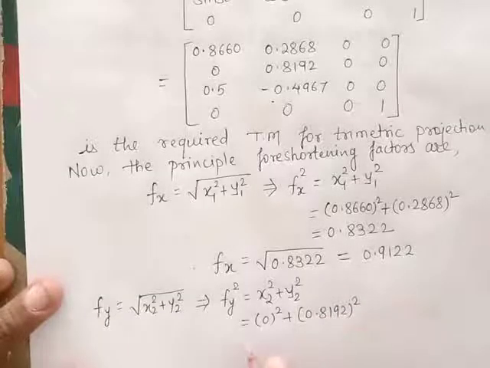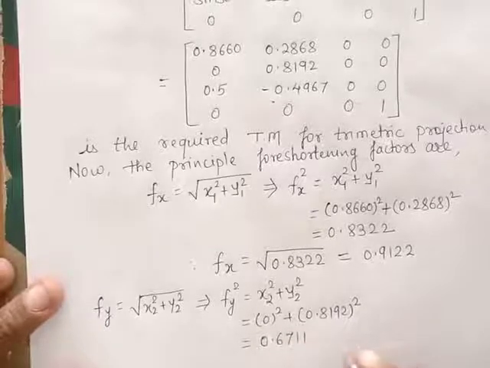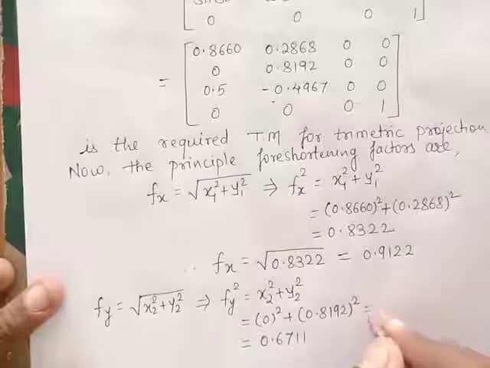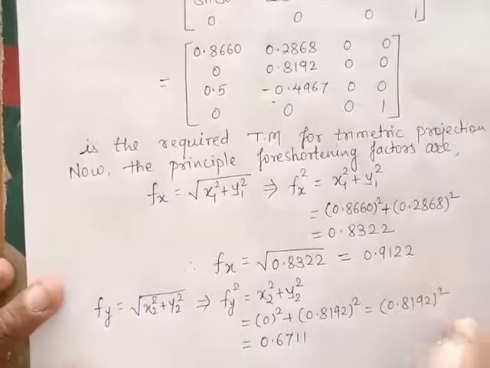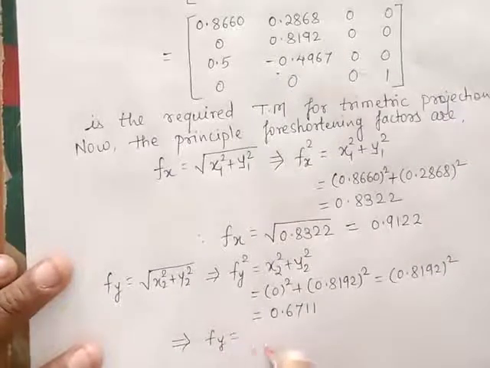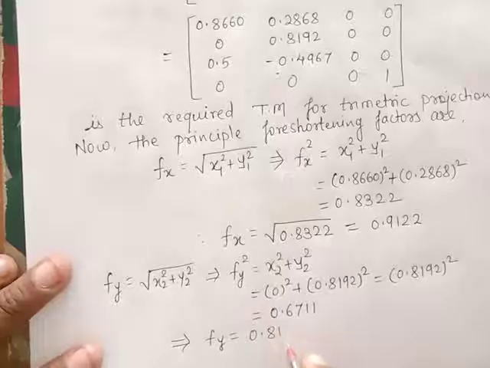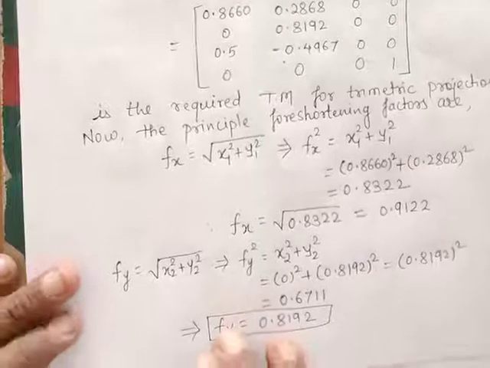So it is nothing but 0.6711, or it is nothing but 0.8192 square. So what does it give? It gives fy is what? 0.8192 simply. This one.